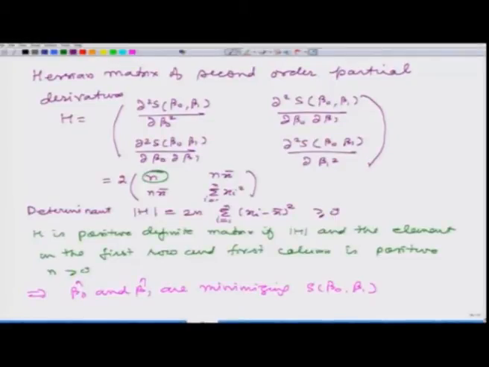Well, and this matrix has to be evaluated at beta 0 equal to beta 0 hat and beta 1 equal to beta 1 hat.